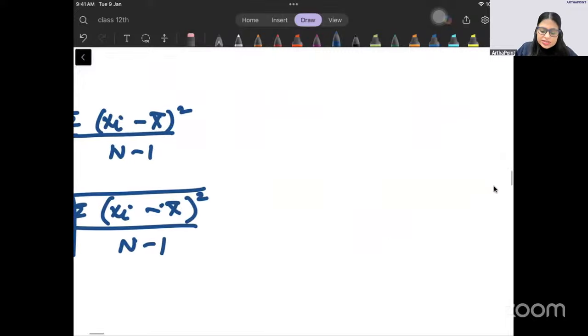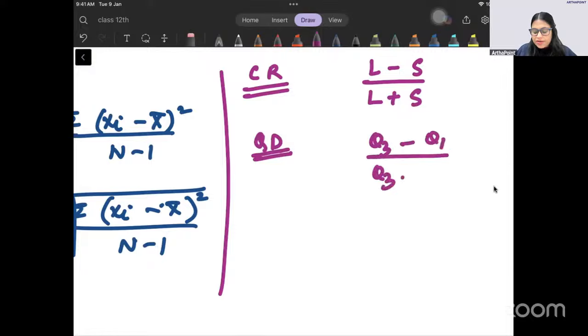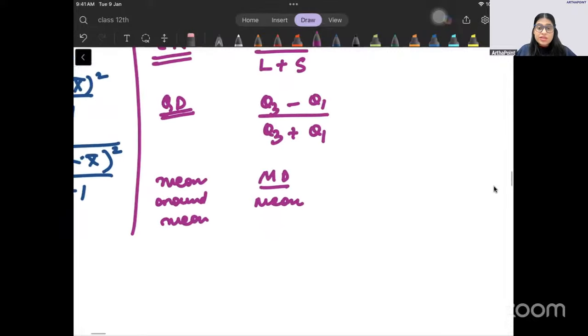Okay. Whenever you have to find coefficient of anything, so coefficient किस किस का बोल सकते हैं? They can ask you to find coefficient of range. वो हो जाएगा (largest minus smallest) upon (largest plus smallest). Coefficient of quartile deviation, (Q3 minus Q1) upon (Q3 plus Q1). Coefficient of mean deviation, it will be mean deviation upon mean if it is around mean, and if it is around median, so it will be mean deviation upon median, right?